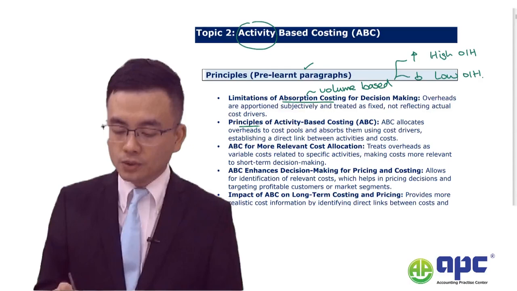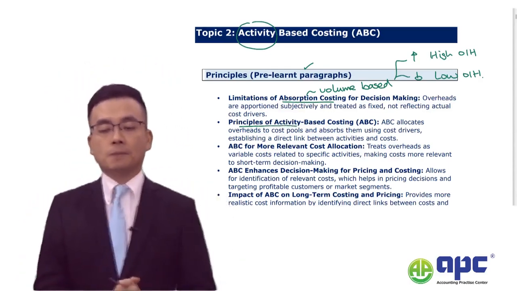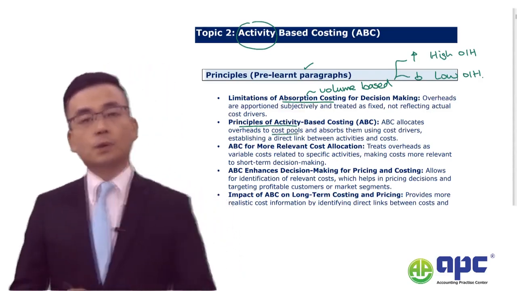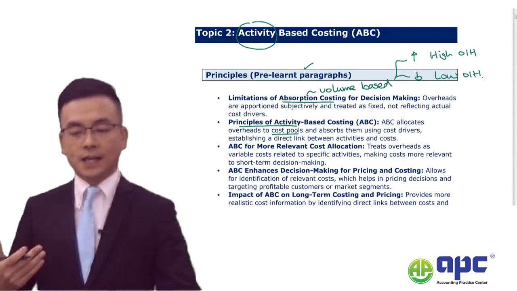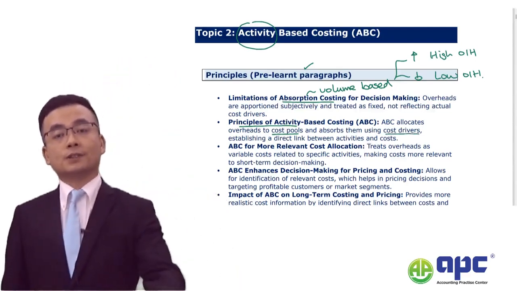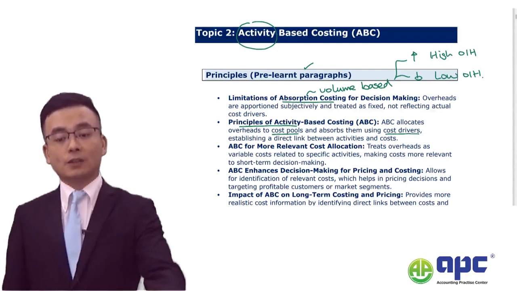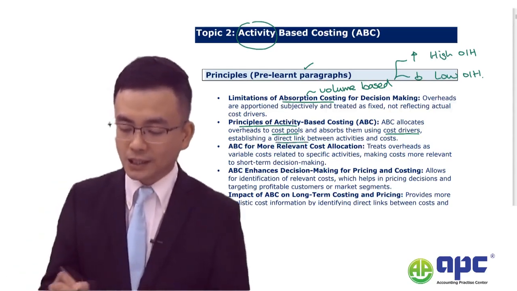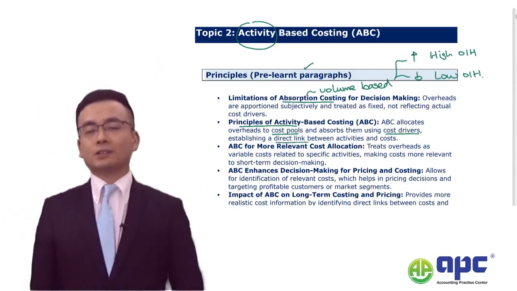Of course, you will need to understand the principles of the ABC. So firstly, you will need to estimate the cost pool, which means the estimated overheads, and then over appropriate cost drivers. For example, the number of inspections and something like that. You need to establish the direct link between activity and costs.